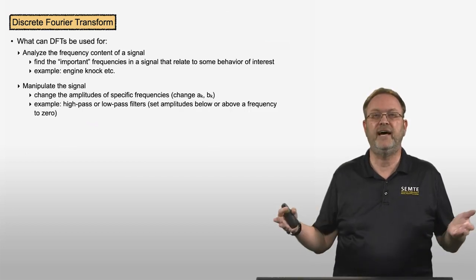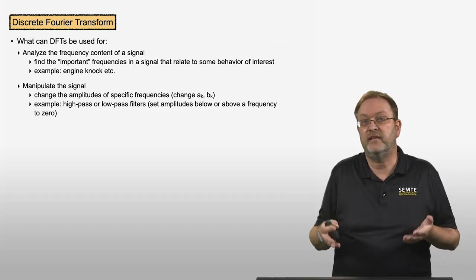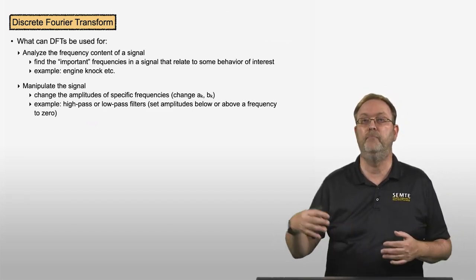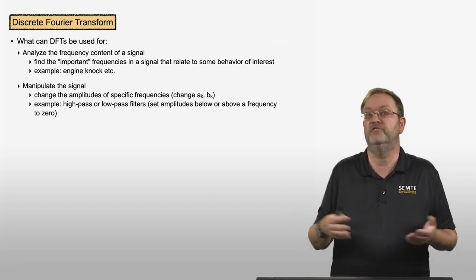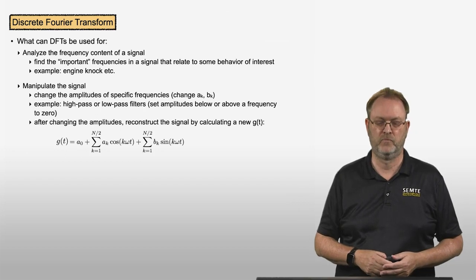So examples for that are high-pass or low-pass filters. In those cases, we actually set the amplitudes below or above a given frequency to 0 and filter out that portion of the signal.